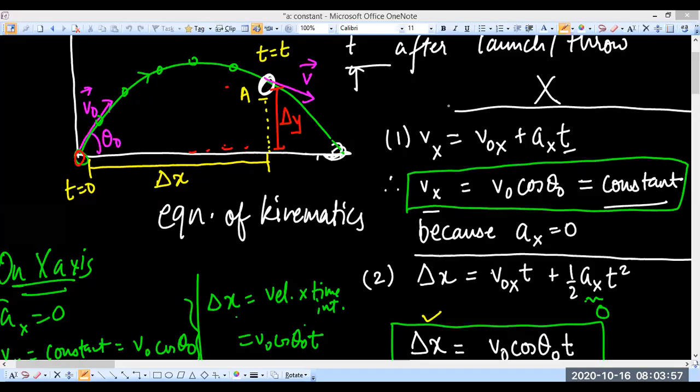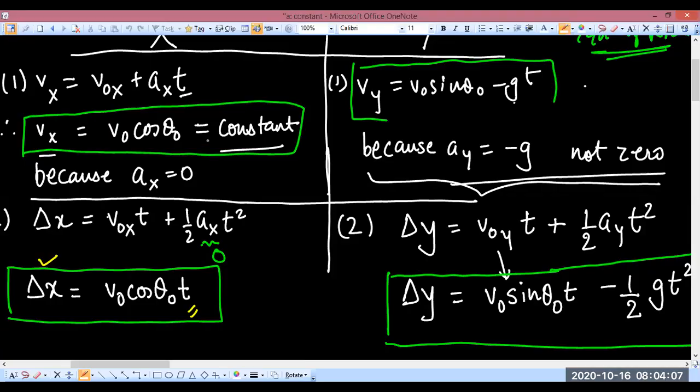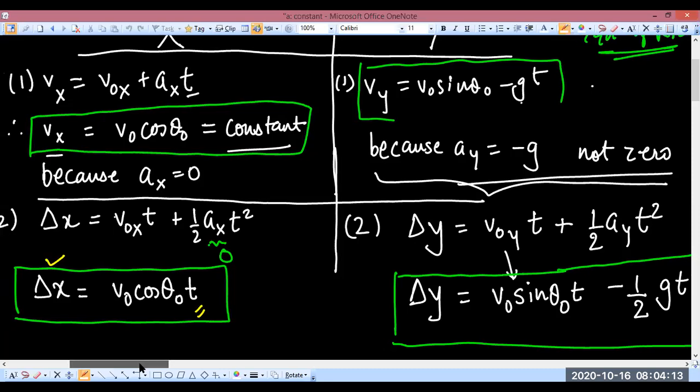Okay, so yesterday we derived these four relations. I hope you tried to remember these four, right? Two about velocity for x and y, and two about displacement for x and y.